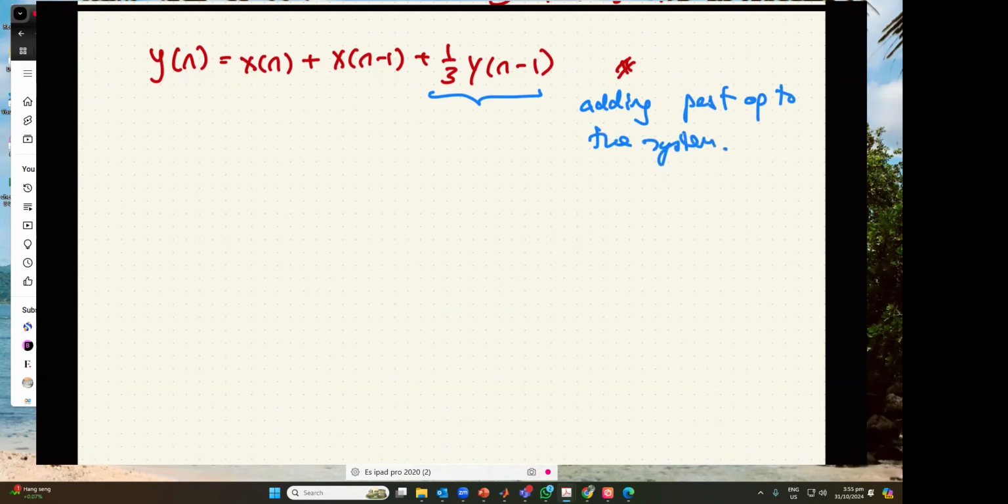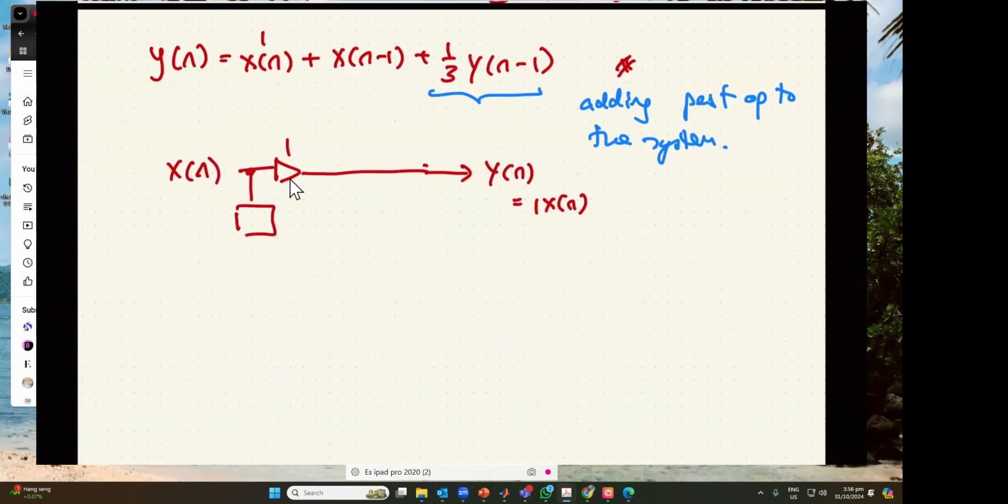And how would we draw this, guys? Let's draw it again. So x[n], and now I'm concentrating on this gain. This gain is 1, and then this is my output, y[n]. So the equation, of course, is simply 1 times x[n], because there's only one line passing through one gain. All right, now I have the second line, guys, passing through a delay, passing through a gain of 1 again.